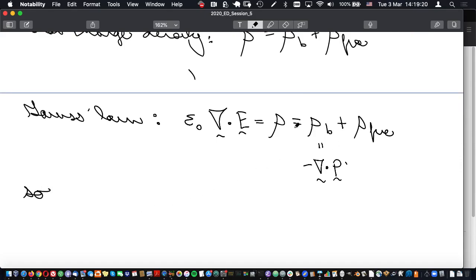So what we get, if I bring this term to the other side, is that the divergence of epsilon 0 times the electrical field plus the polarization is equal to rho free.